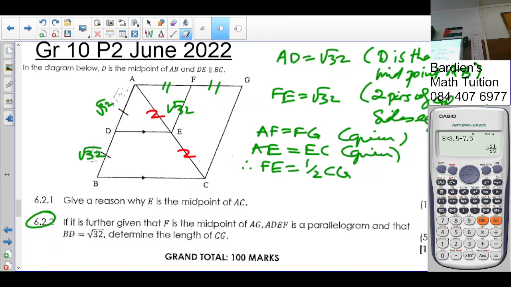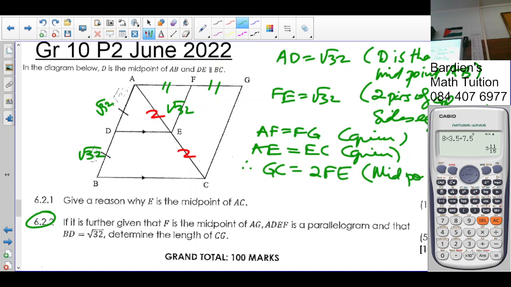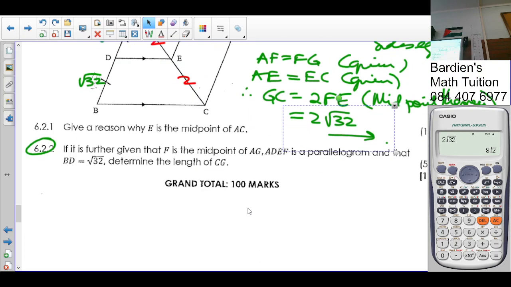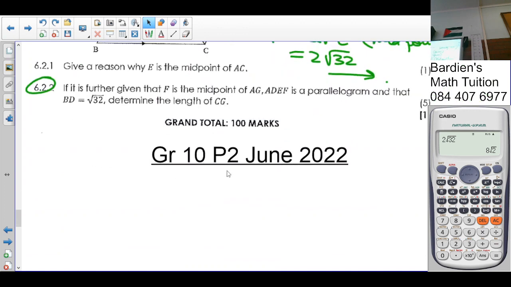They wanted you to work out GC, so GC is going to be double FE. Why? Because of the midpoint theorem. FE is root 32, so it's 2 times root 32. If you put it in the calculator, it's going to give you 8 root 2. But that is sufficient. To get the mark, put it in both ways.